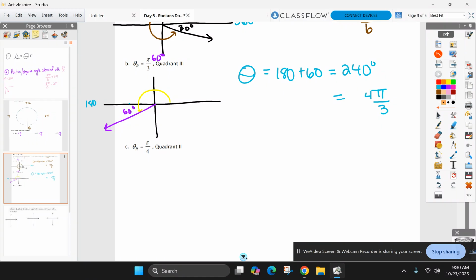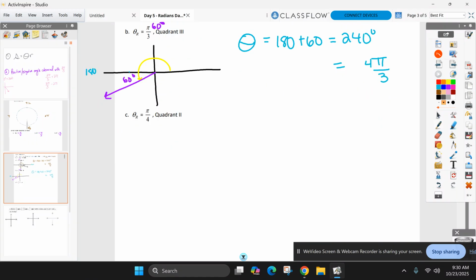Now we're in quad 2. Reference angle pi over 4. Don't look back. How many degrees is pi over 4? 45. Yep. So get me a quadrant 2 angle with a reference angle of 45. Look, I could put the 45 either spot, but it's here.